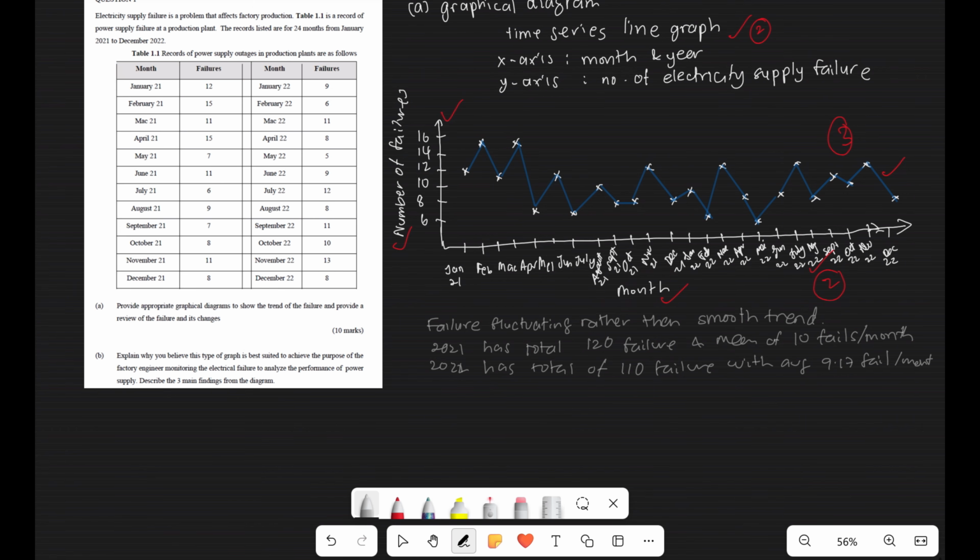Okay, so overall 2022 shows a reduction of 10 failures compared to 2021, equivalent to 8.3% decrease.